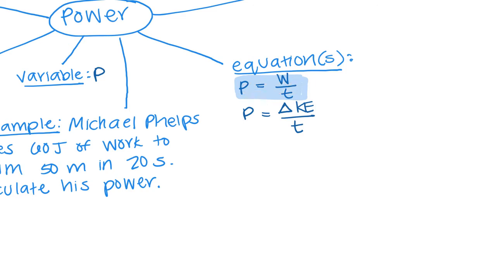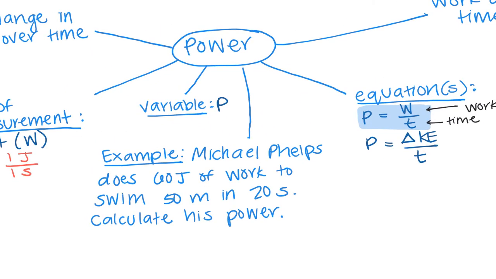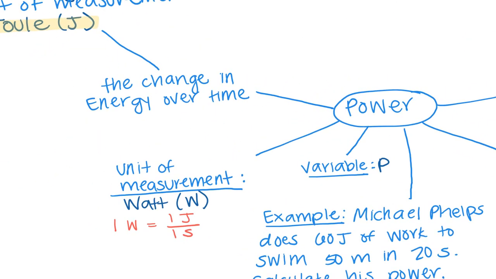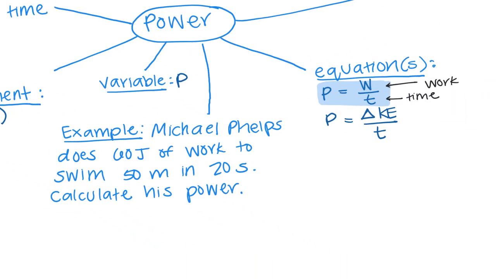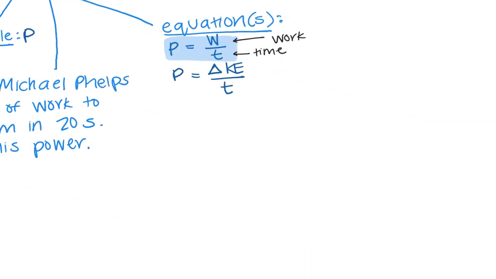Probably should get a bigger highlighter here. All right, so we know from this equation that we are dividing work by time. But you remember there is also another way to define power, and that is defining it as the change in energy over time.